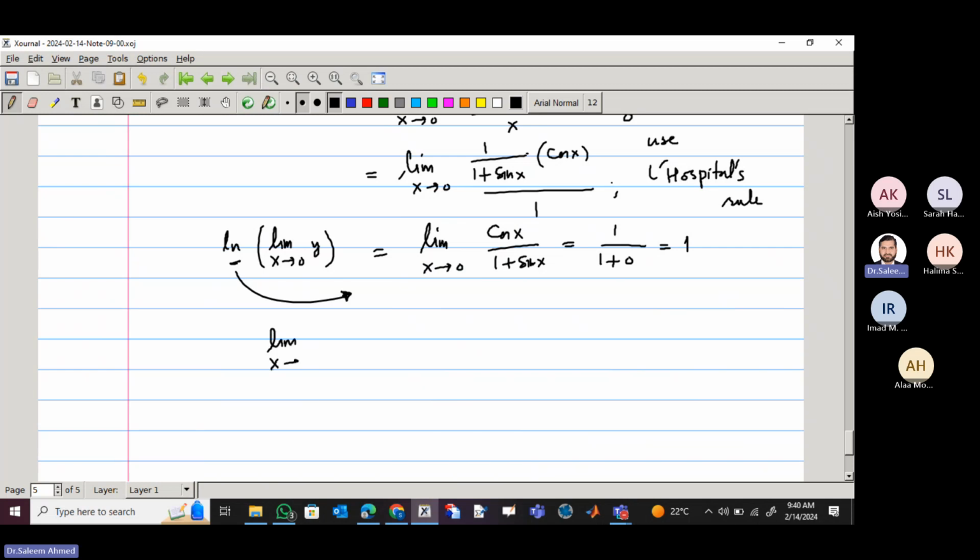Limit x goes to 0 of y becomes, when log goes to the other side, it becomes exponential. You remember? When log of y is x, then y is e to the power x. Because the answer is 1, I will get e to the power 1. So my answer is e.